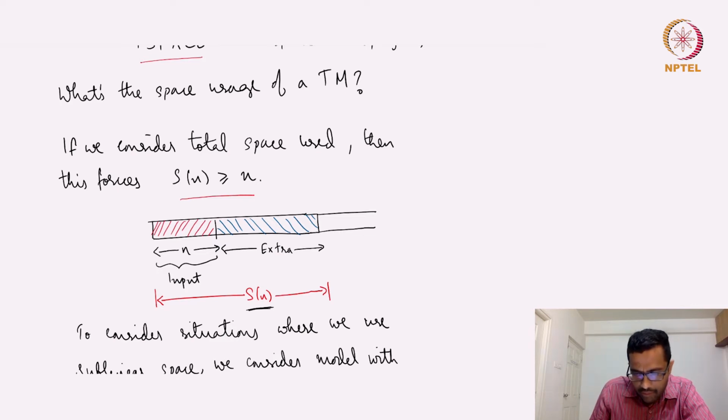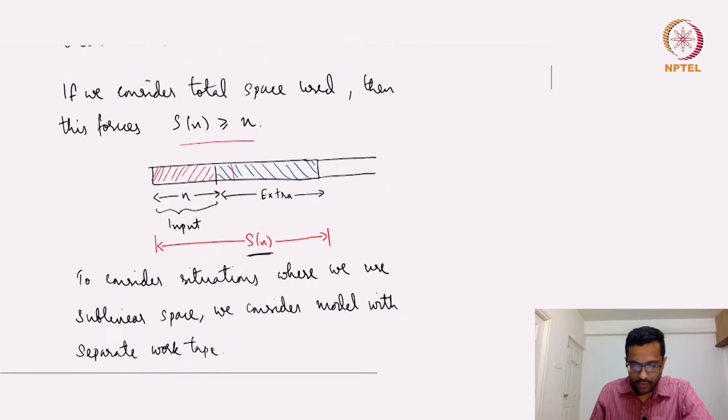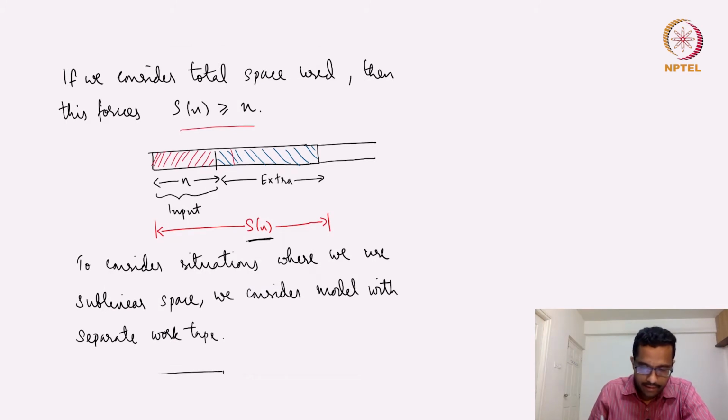Maybe just log n extra space is required for the computation, but because the input required n symbols, n plus log n is again order n, since n dominates log n. But the actual extra space required is only log n. So S(n) in this model is always at least as big as n, the input length, and this model is undesirable for this reason.